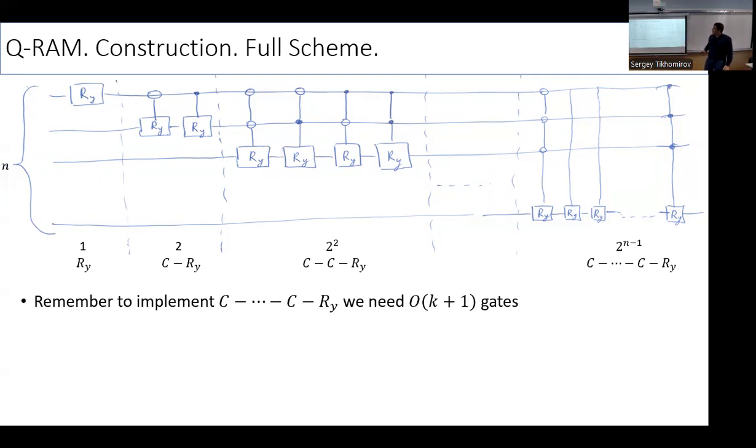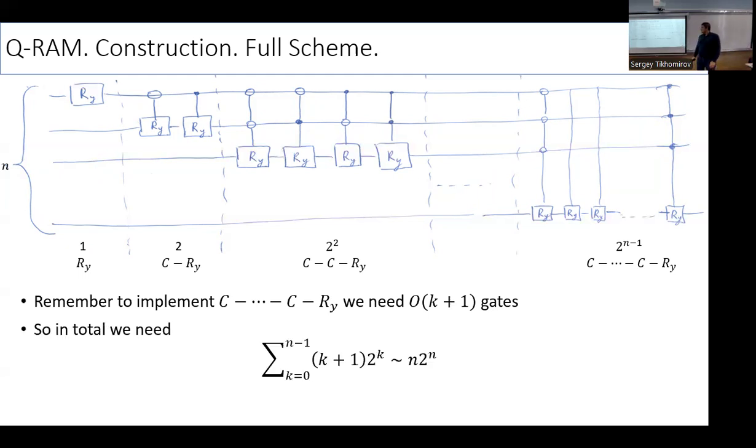If we consider a multiple-controlled RY, we will need O of k, and I write O of k plus 1, just to handle the case k equal to 0 correctly, because even if there is 0 control, we cannot implement it with 0 gates.